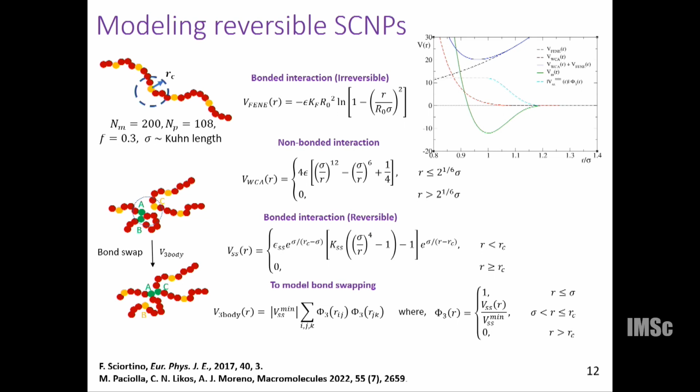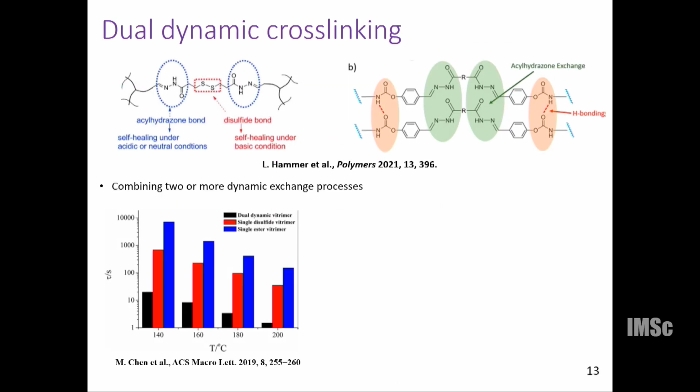Whenever this triplet is formed, there is an energy penalty that we need to pay. In that process, the system minimizes and makes this bond swap. So our bond swapping is through the Hamiltonian of the system, and these are the model details.